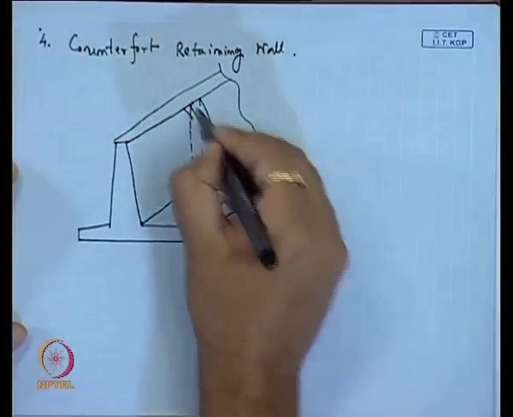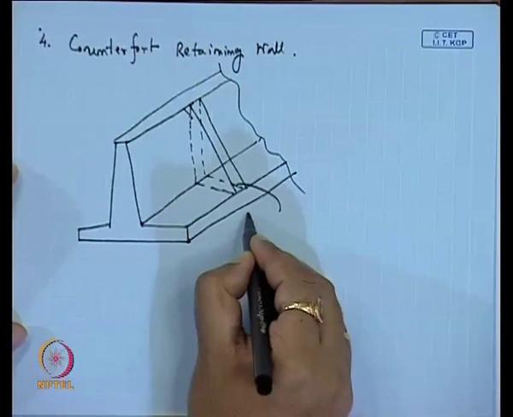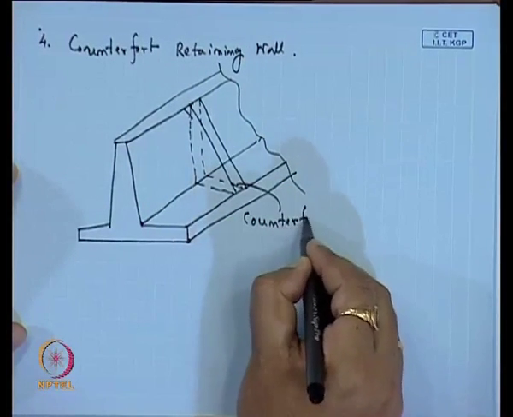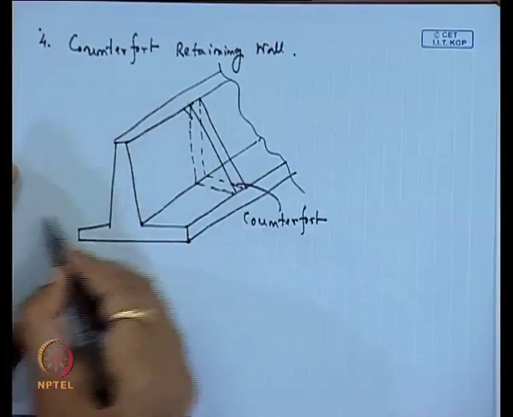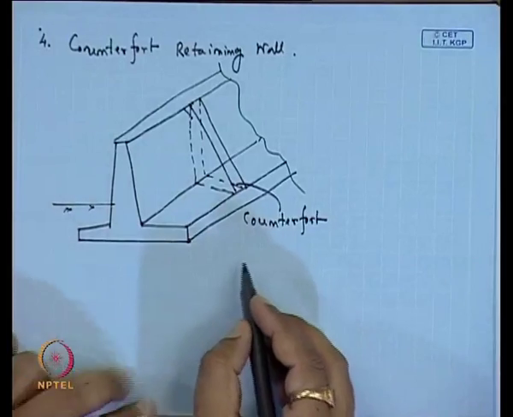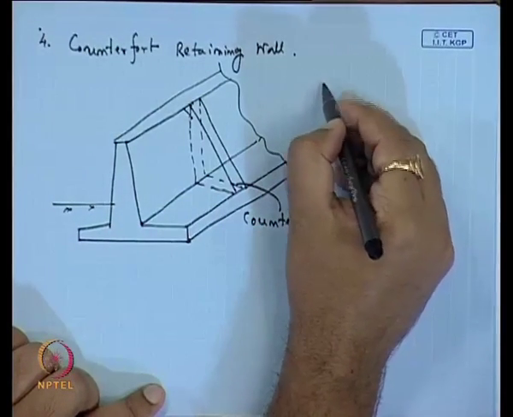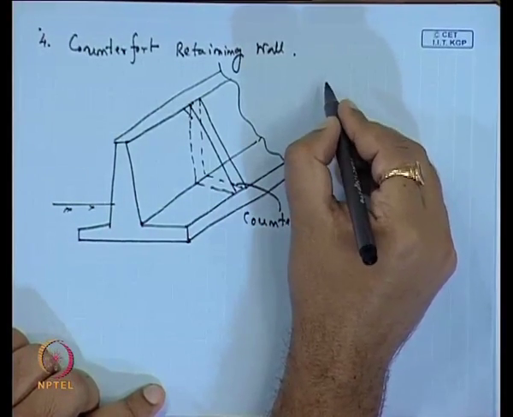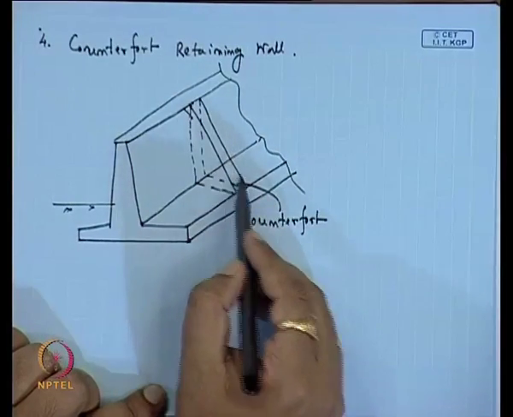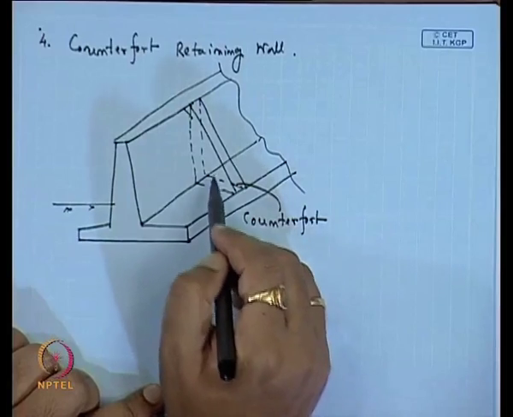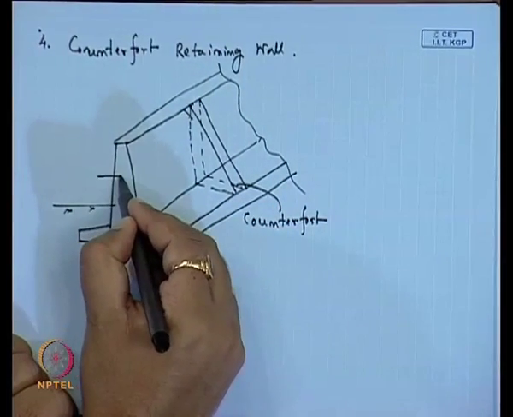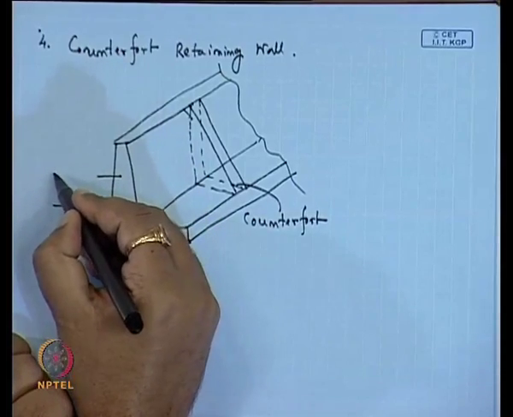So, these are called counterforts. The use of these counterforts in this type of retaining wall is to reduce the shear force and the bending moment in the vertical stem of the slab. So, this portion is called the stem of the retaining wall.